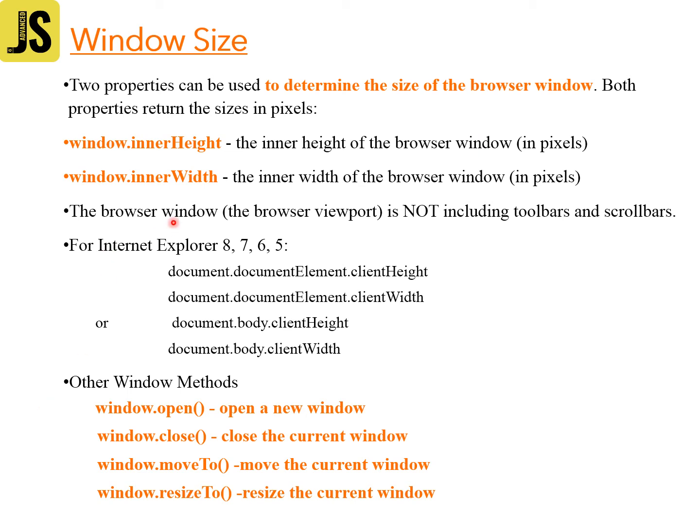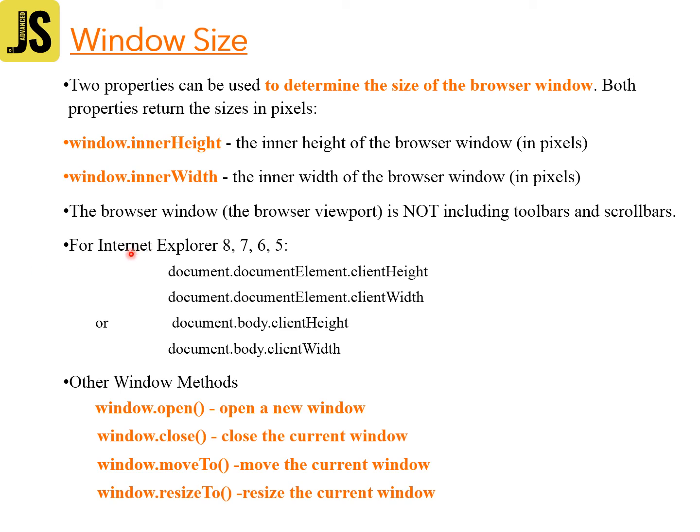The next property is window.innerWidth, the inner width of the browser window, also in pixels. The browser window size does not include toolbars and scroll bars, so when taking the inner height and inner width, you should not consider the toolbars and scroll bars present in the browser window.